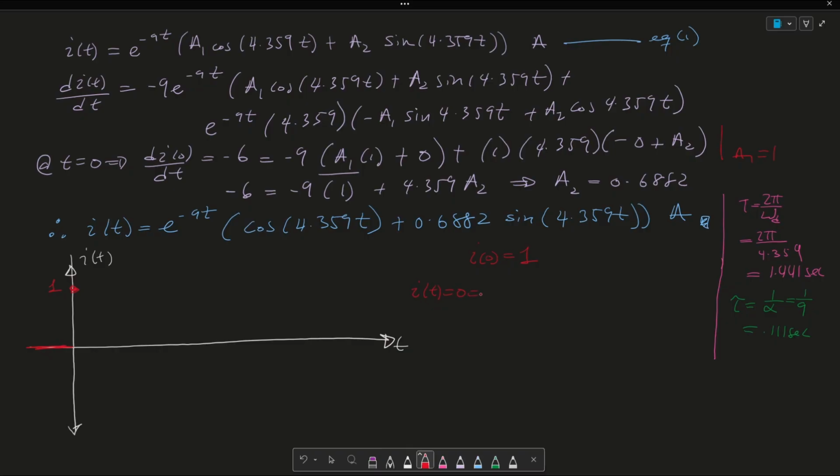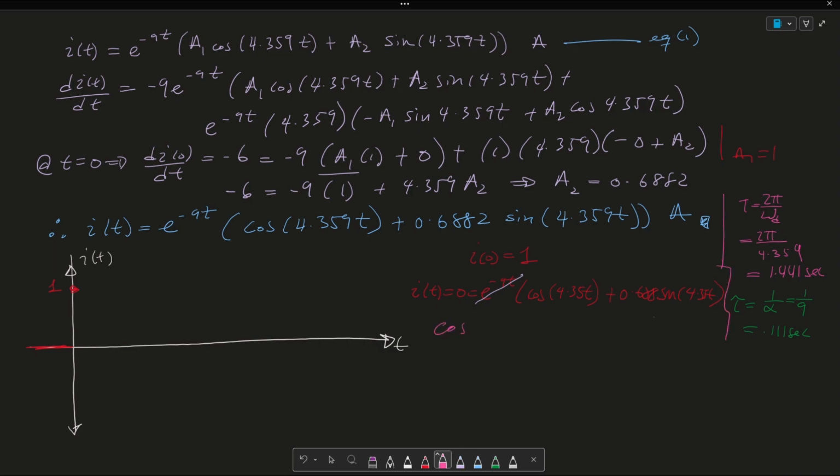And we know that this is equal to e to the minus 9t times cosine 4.359t plus 0.688 sine 4.359t. We can go ahead and cancel out this e to the minus 9t by dividing on both sides.